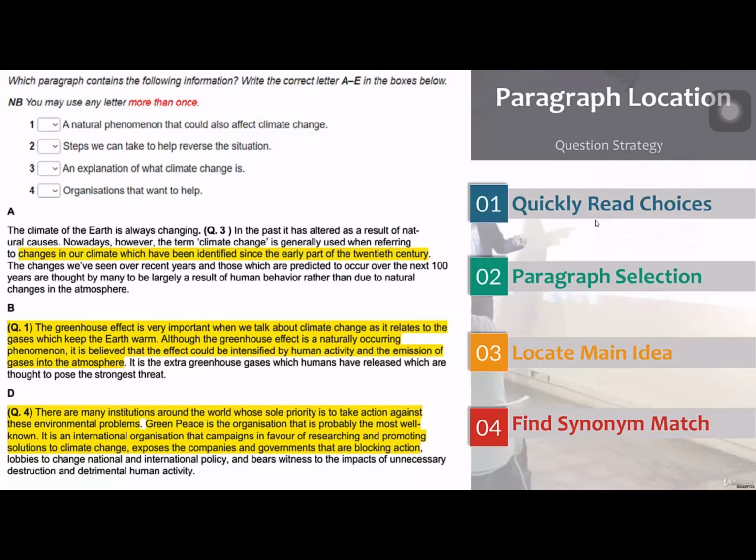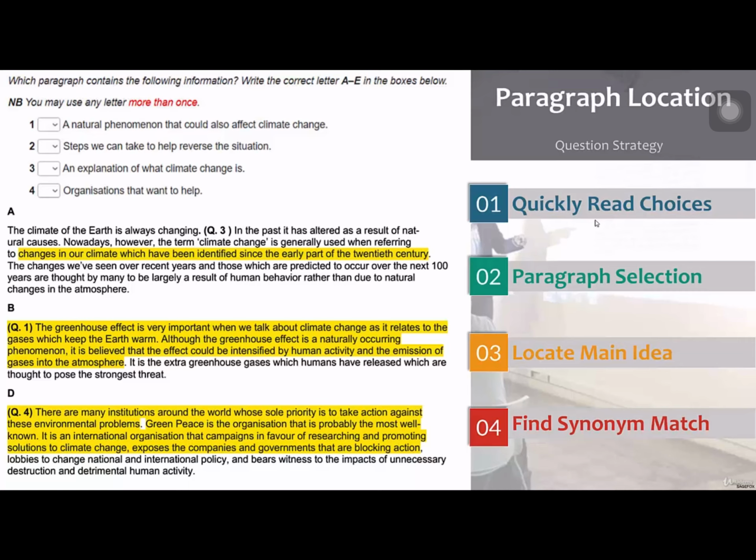Now, section D. There are many institutions around the world whose sole priority is to take action against these environmental problems. Clearly a match for number 4. So really, sometimes a paragraph location question is very much like a headings question.